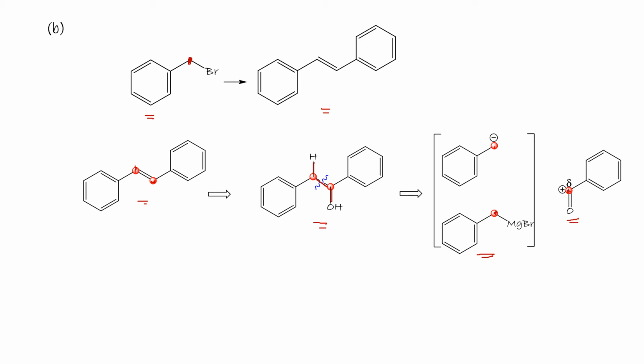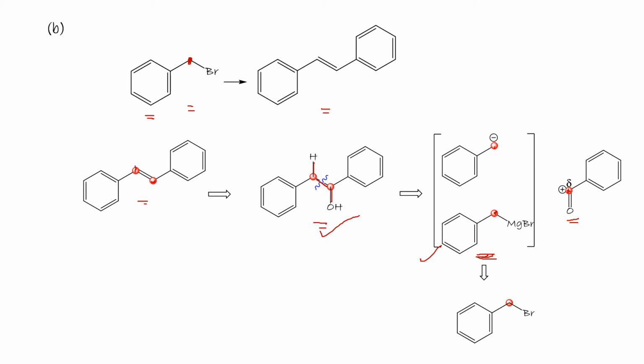If we react the aldehyde with a Grignard reagent, that will form an alcohol. Okay, how can we get this one from that one, from the benzyl? Let's just take benzyl bromide with magnesium in ether. You can get this compound.